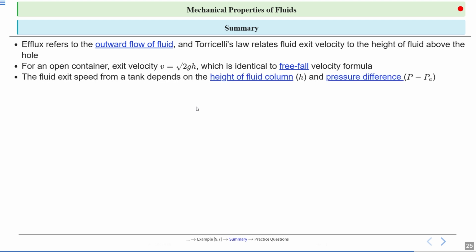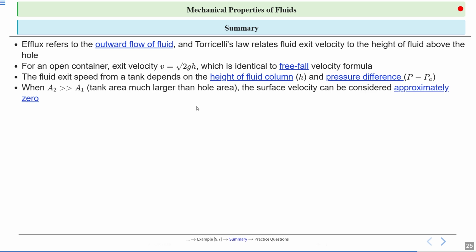The fluid exit speed from a tank depends on the height of the fluid column and the pressure difference, that is P minus Pa. When A2 is greater than A1, the tank area much larger than the hole area, the surface velocity can be considered approximately 0.